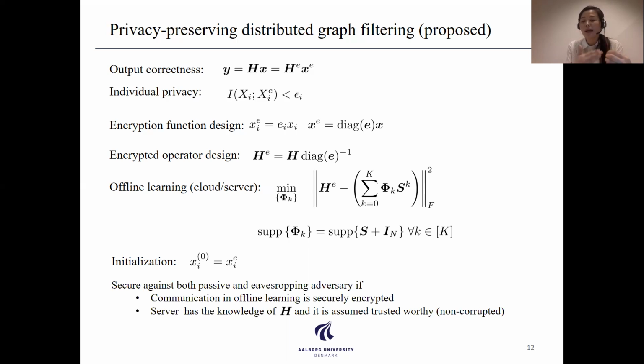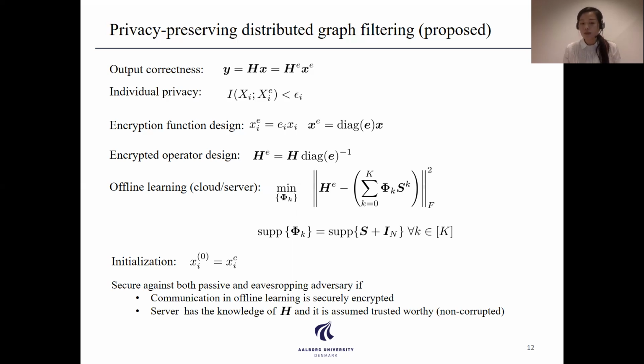But we only rely on this single offline step being securely encrypted, while all the online implementation is okay to be eavesdropped, because all the XI0 is not private or sensitive information anymore.